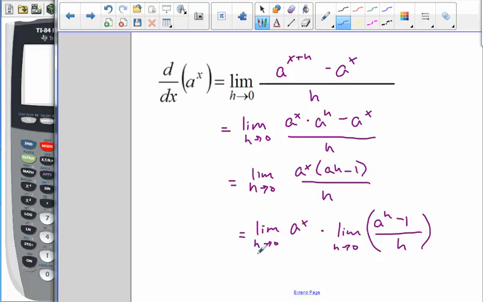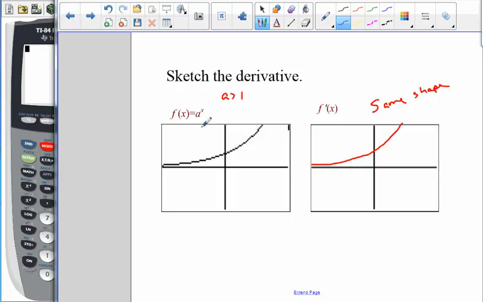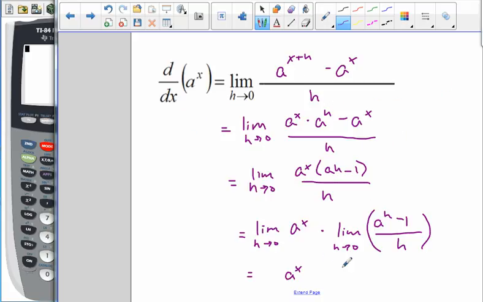Now this first limit's really easy. There is no h here, so no matter what h does, this is just a to the x. And that's why when we drew the derivative, we had the same shape, because here's a to the x, and this is the same shape based on a to the x. But over here, this limit equals some number. We don't know what that number is yet.